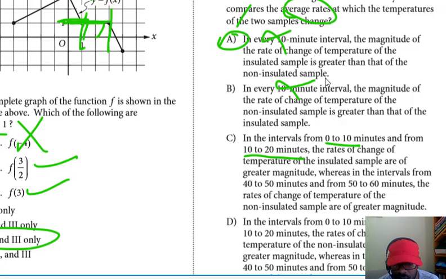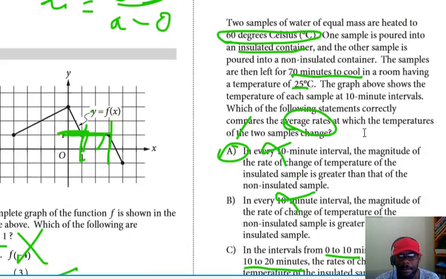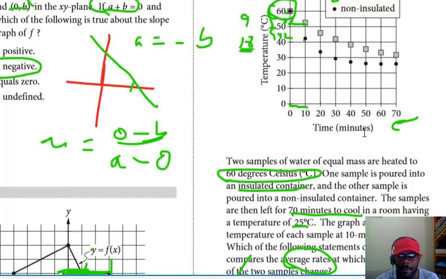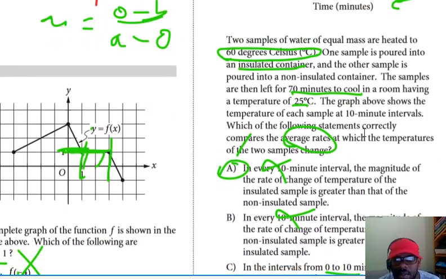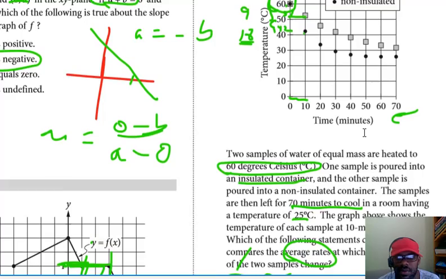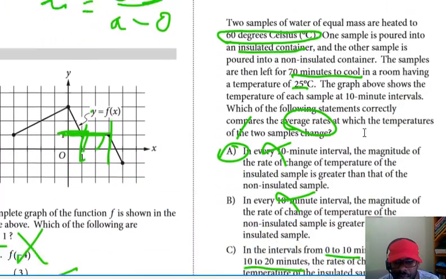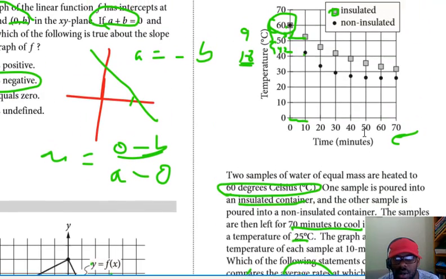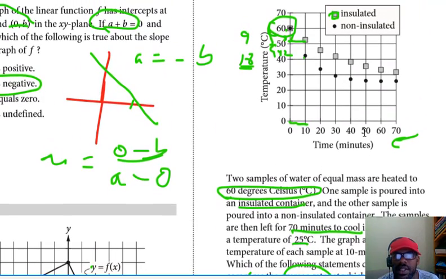The rate of change of the temperature of the insulated sample is greater in magnitude from 0 to 10. From 0 to 10, the insulated is greater, of course. The magnitude, the rate of change, for non-insulated is greater.